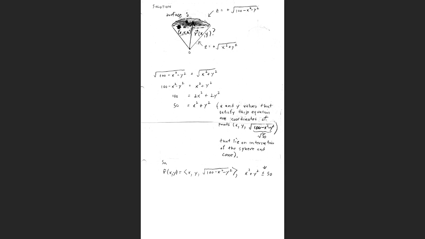Okay, as you go inward on the sphere, x squared plus y squared would be less than 50. Okay, and so now what you have, hold on, I'm going to go back here.